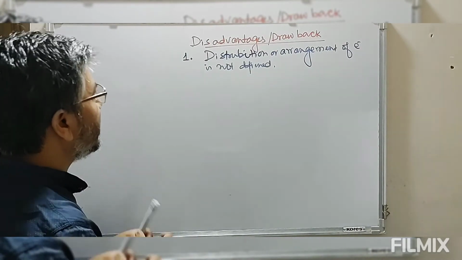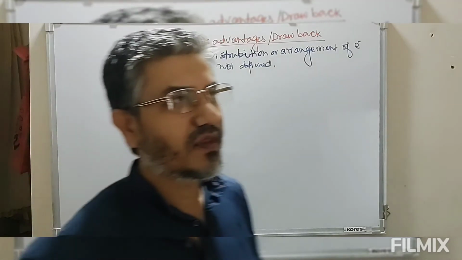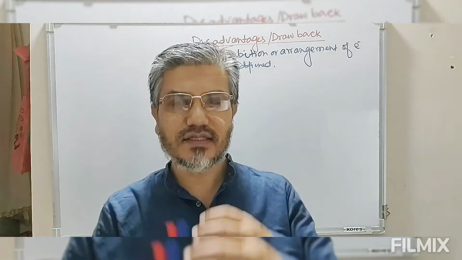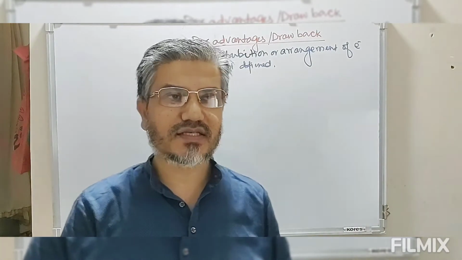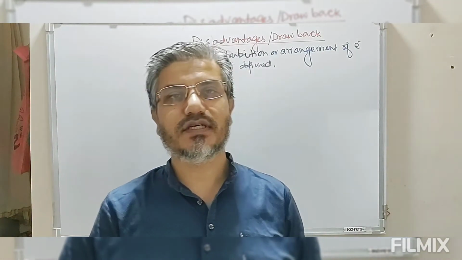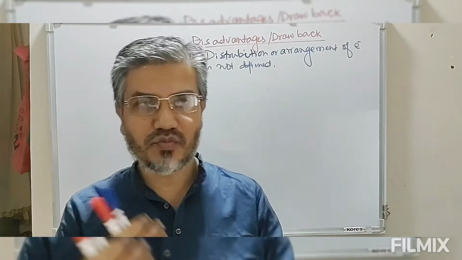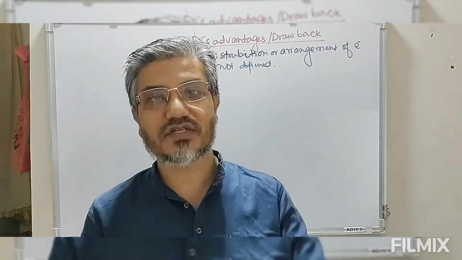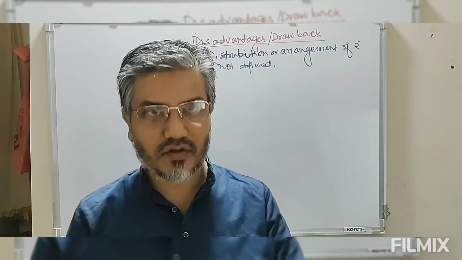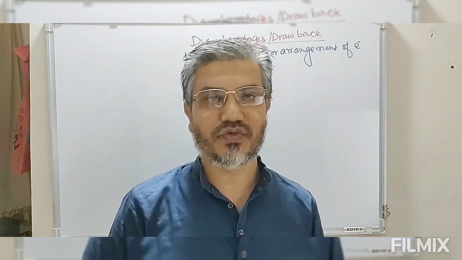Then the second demerit of this theory is that it does not match with classical electromagnetic theory. Classical electromagnetic theory says any charged particle which is moving around an oppositely charged field should always emit energy continuously.